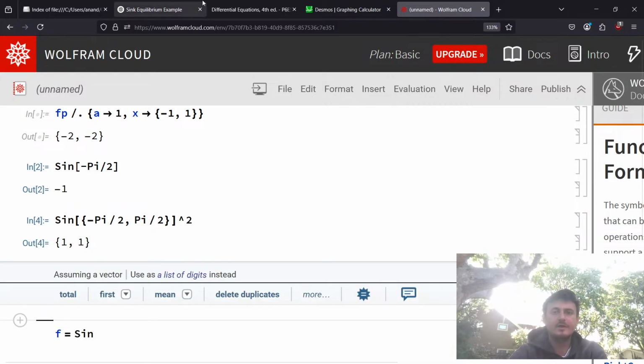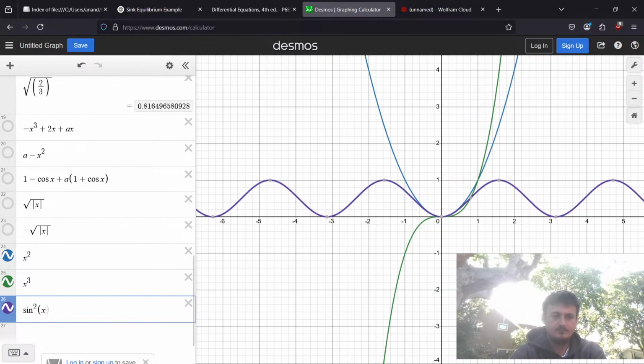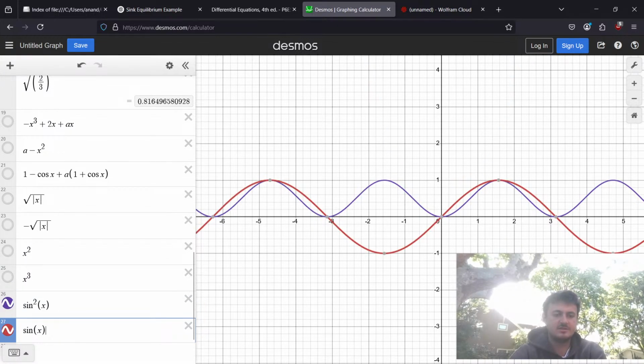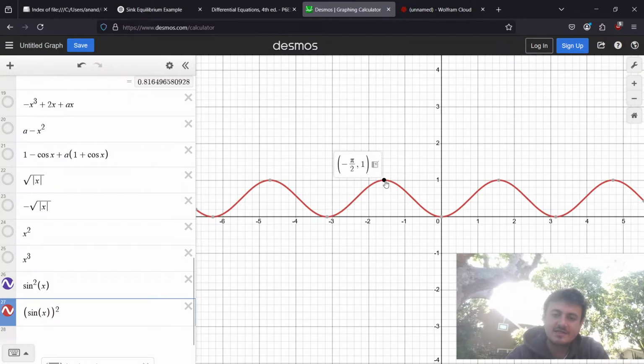Oh, really? Wait, can we plot this? This notation's so stupid. Is this the same as sine of x? It's the same plot. I hate this notation. This notation always confused me, because it's not an iterated map. It's not like a nested function.